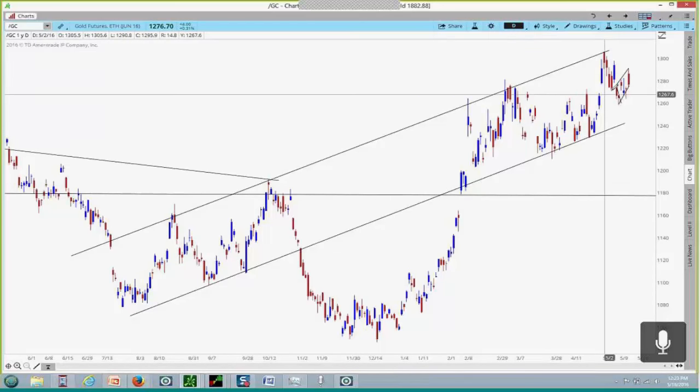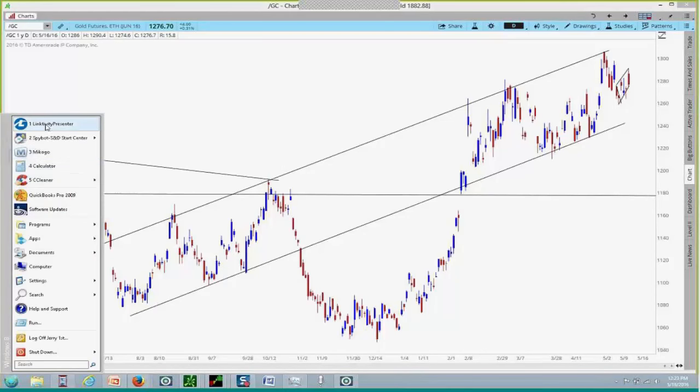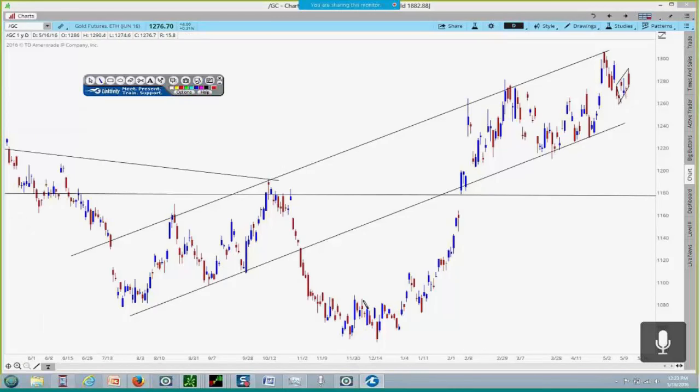It's an extremely well-formed trend channel, which is now formed. In fact, let me break out my other tool here to draw this.